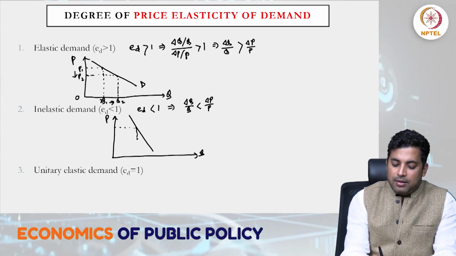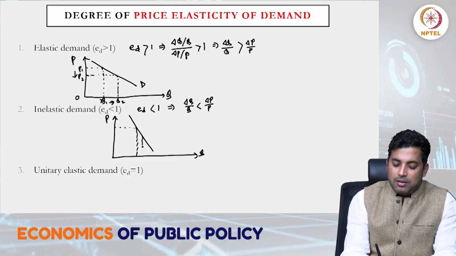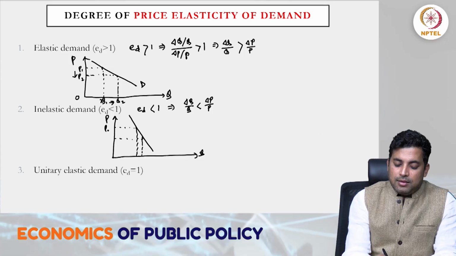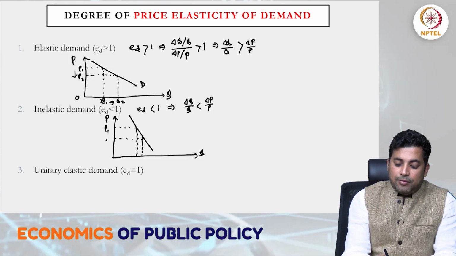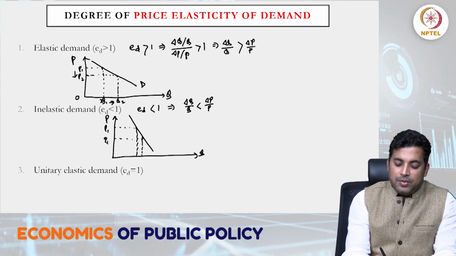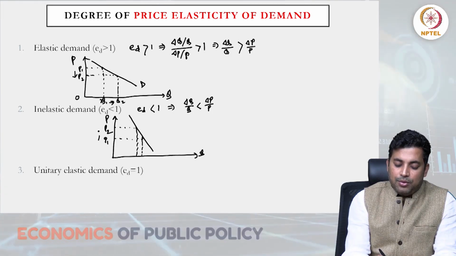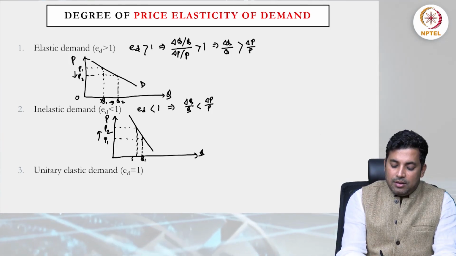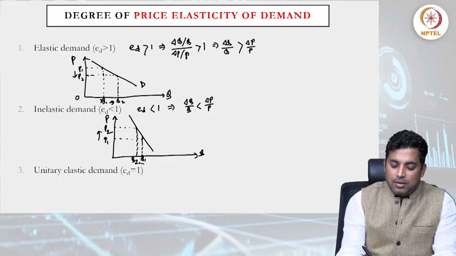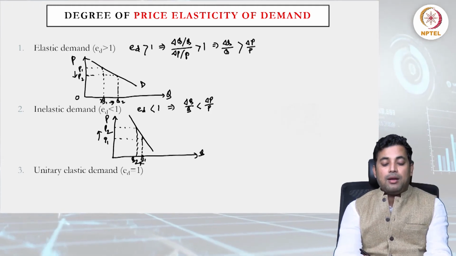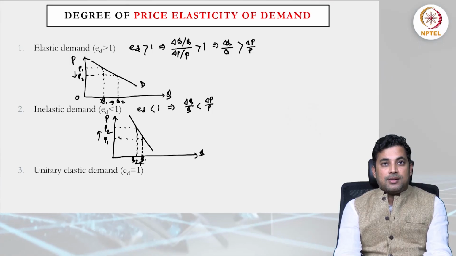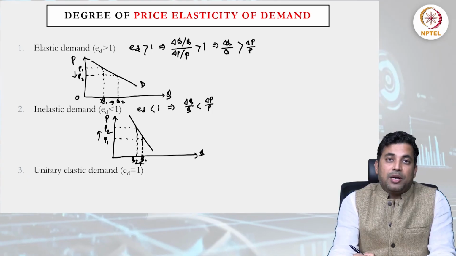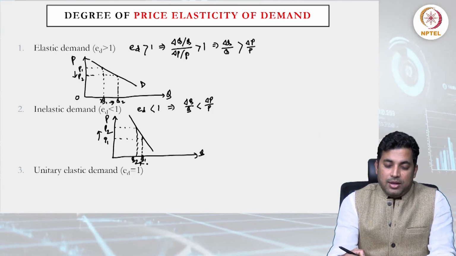So you can see if price is falling or increasing, like P1 to P2 in this case, then quantity is reducing, but the rate of change in the price is higher as compared to the rate of change in the quantity.